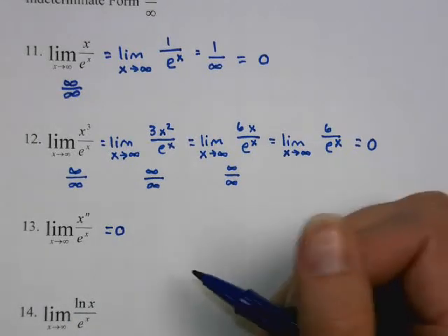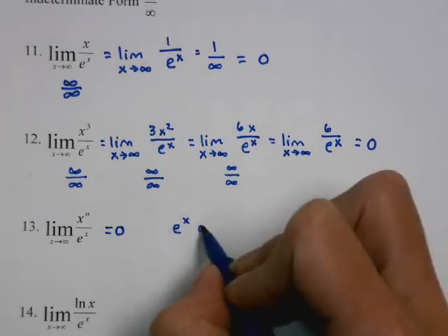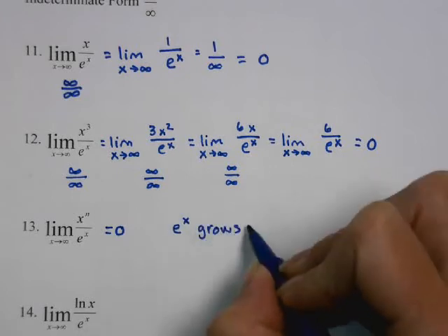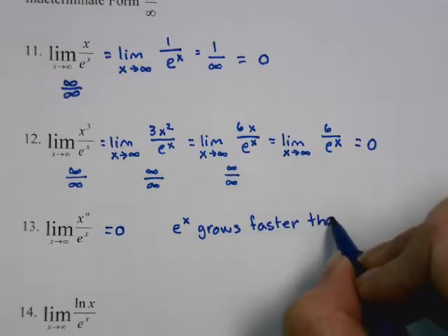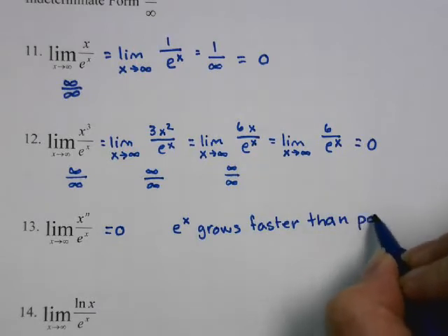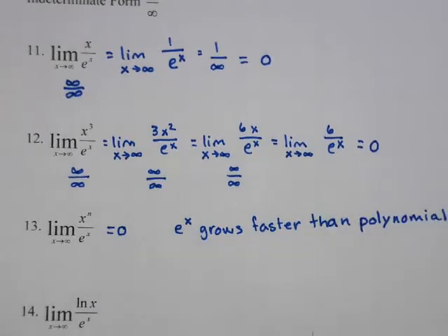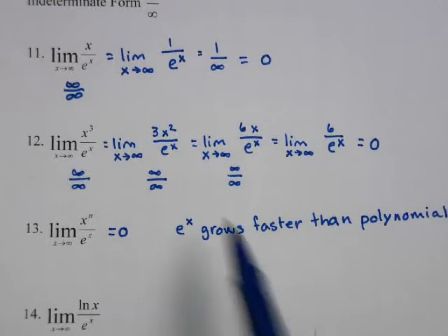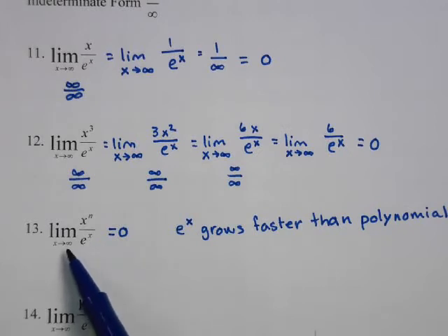And the general case here is that the exponential function grows faster than a polynomial. Just in general. So if I have a polynomial over e to the x, this is always going to grow faster eventually as we go to infinity than the top is going to go to.